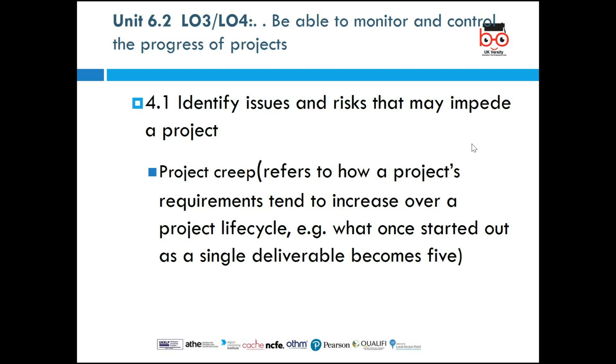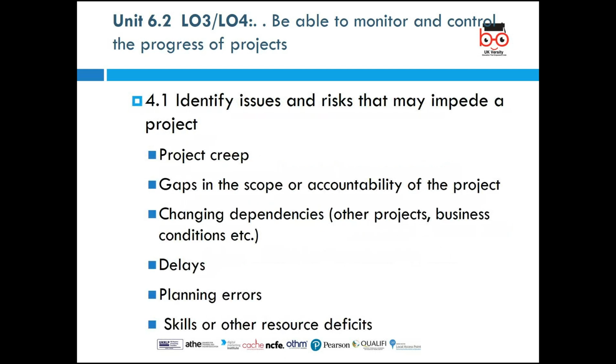Right. So project creep refers to how a project requirement tends to increase over time within the project life cycle. So project creep is one of the issues and risks that are likely to impede a project.